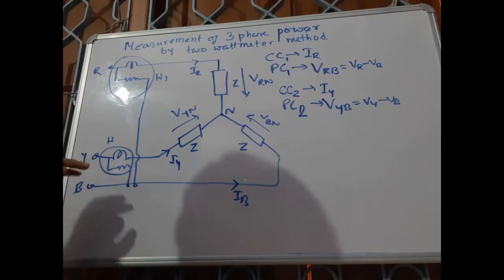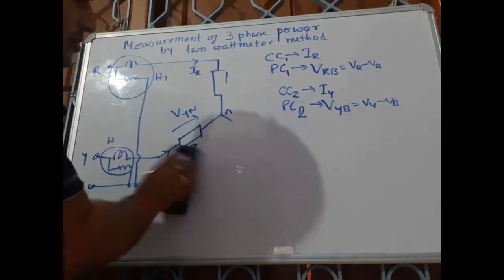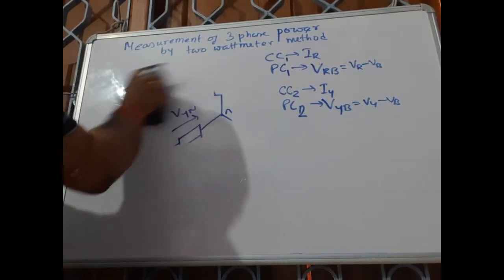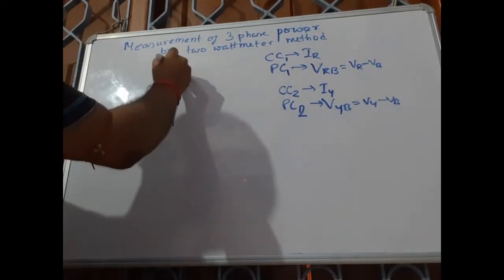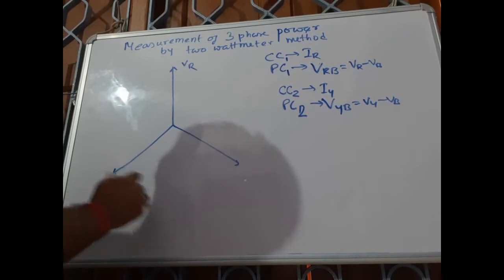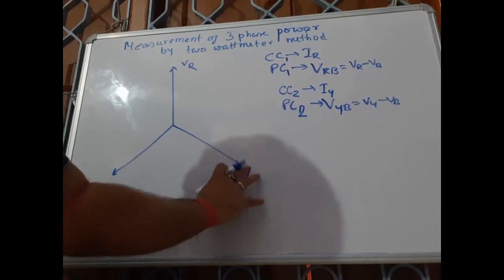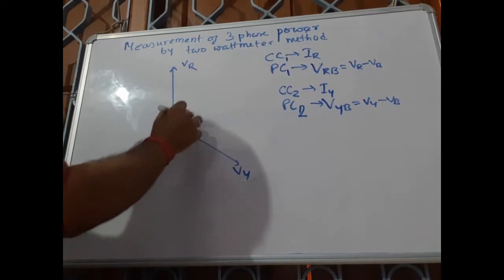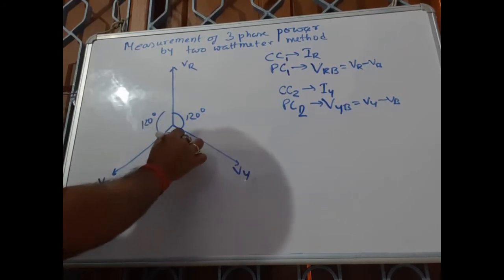Okay, I need to erase this part. Now as this is a balanced three phase, if this is VR, we have VY and VB, 120 degree apart, right?